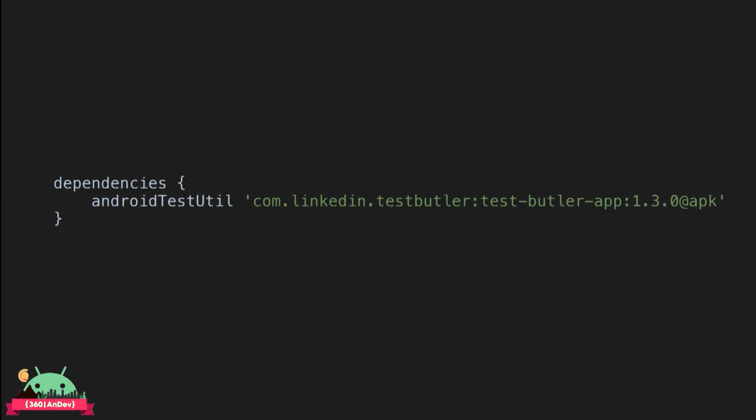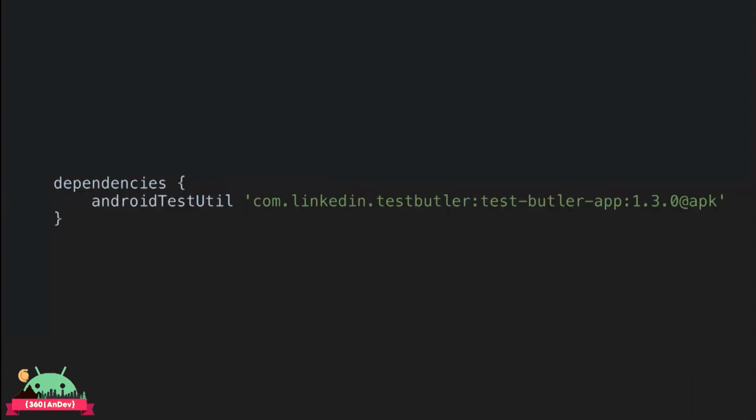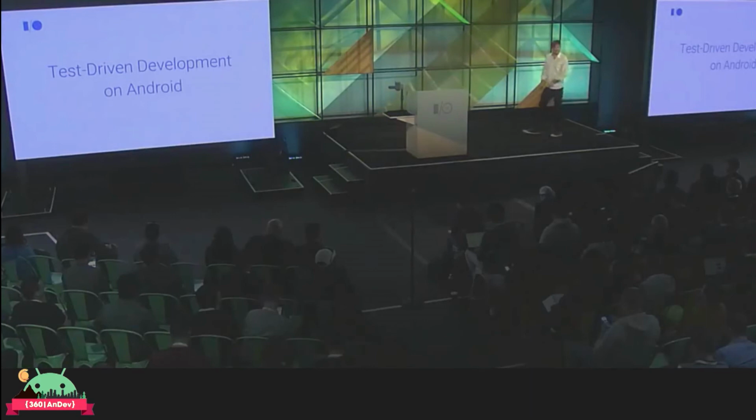Okay, and last, this is not from Espresso, but it's quite interesting. In the new version of the Gradle plugin with Android Studio 3, you have a new configuration called Android Test Utils that allows you to install an APK before the instrumentation runs. If you know Test Butler, a very well-known app for testing that disables animations, with this configuration you can install this app before everything happens, and you don't have to do any trick with ADB or whatever.